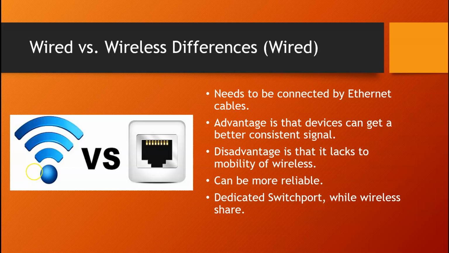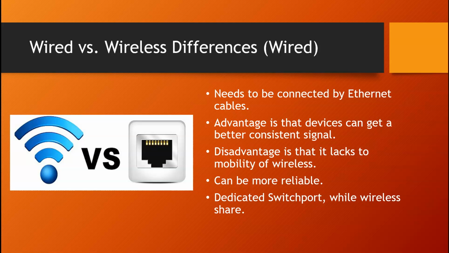So, starting off, we're going to be talking about some of the differences between each of these network types. For wired, what you have to know is that you usually have to connect it via cables for the different PCs and devices that are on the network.